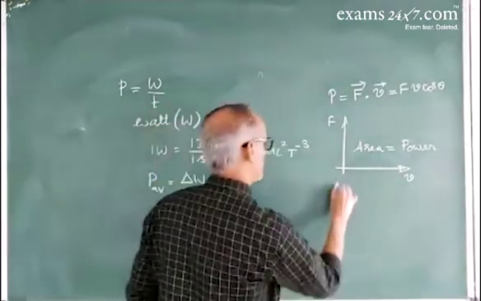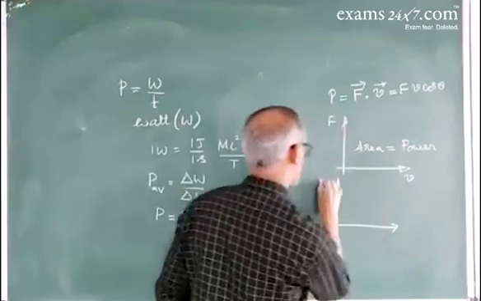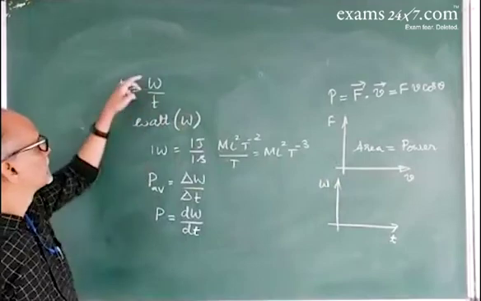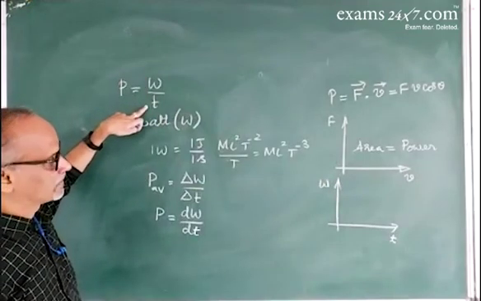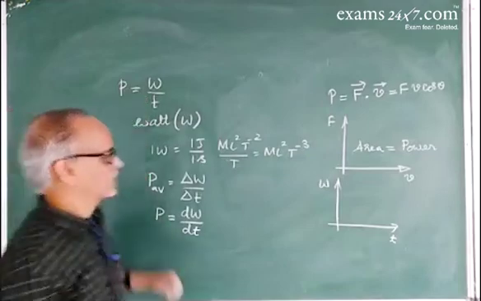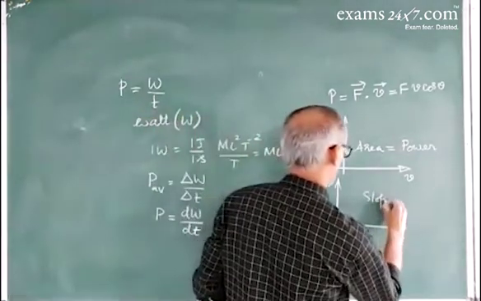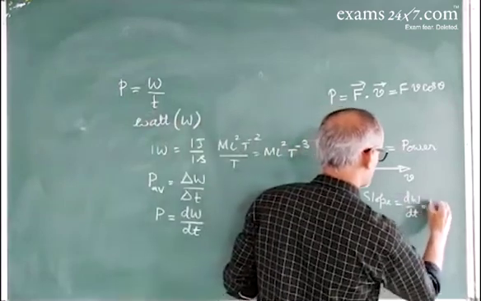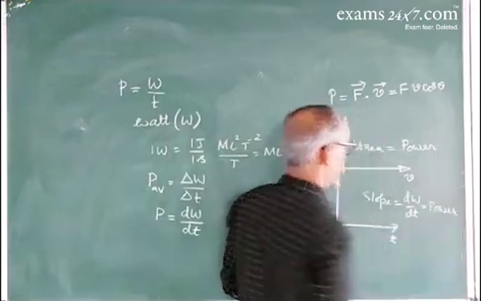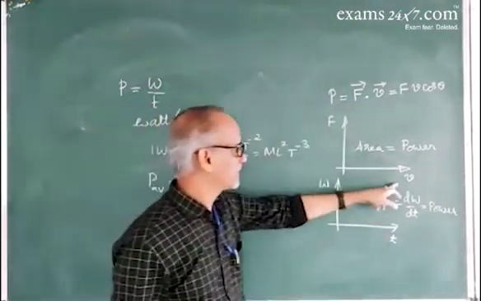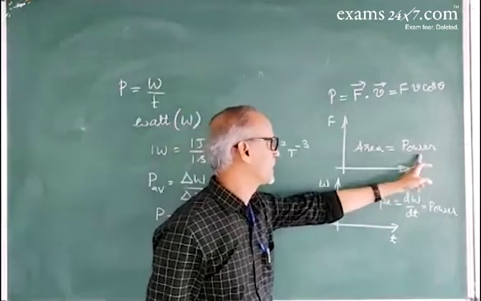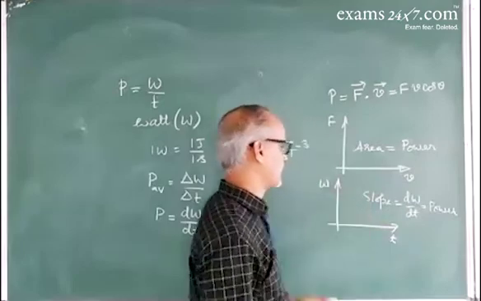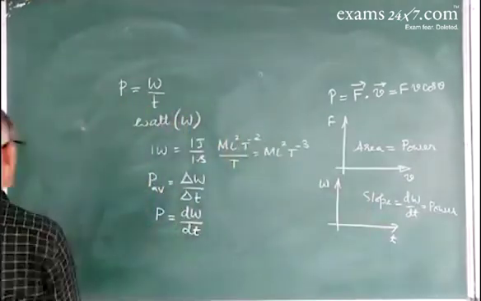Similarly, for the graph of W versus T, that is work versus time, if I find the slope of it, that's dW by dt, that gives the power. So the area of the FV graph gives the power, whereas the slope of the work versus time graph gives the power.